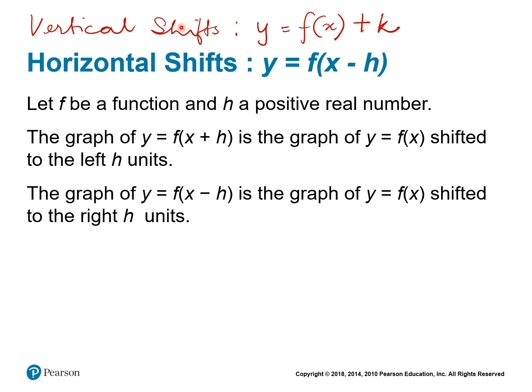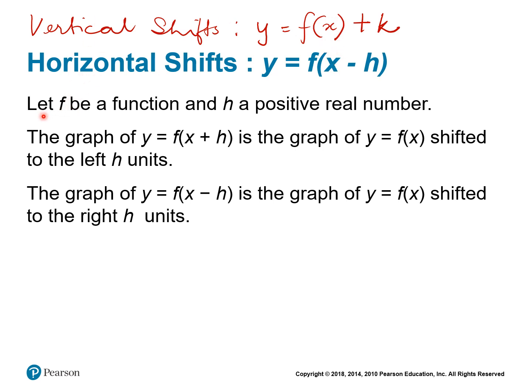Whereas in vertical shifts, we first evaluate our y value and then add a quantity to the y value. In horizontal shifts, we first add or subtract from x by a certain quantity and then we evaluate the y value. I hope you see the difference between the vertical and horizontal shift forms.